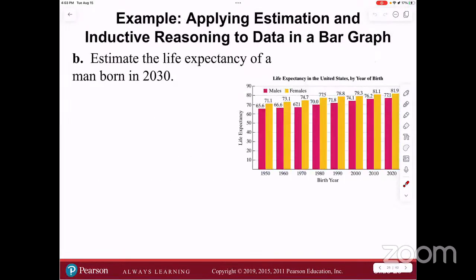Estimate the life expectancy of a man born in 2030. So we would anticipate that it would increase every 10 years by that 16 hundredths of a unit, right?